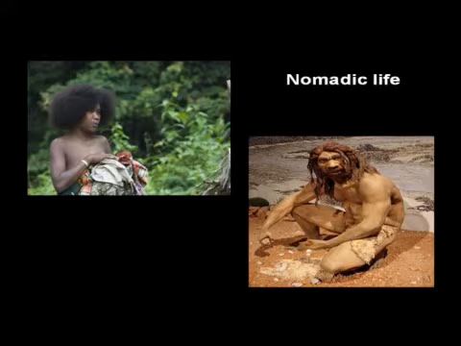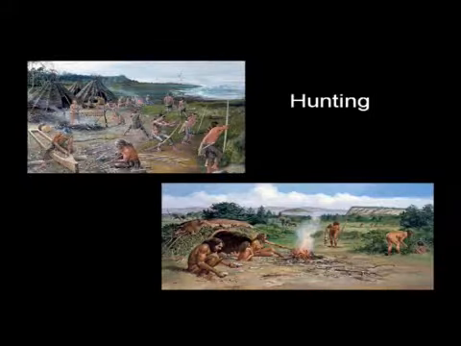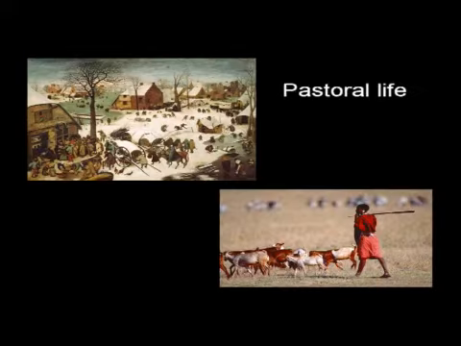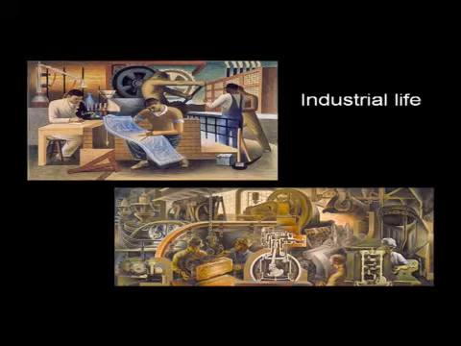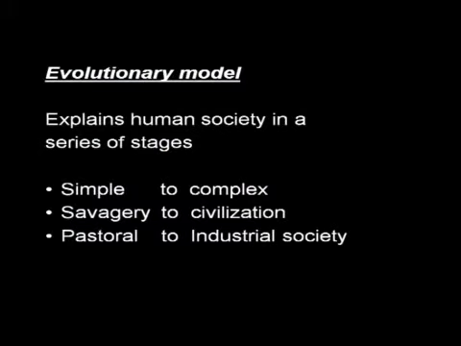It was earlier a nomadic life, passing into hunting, then pastoral life and then industrial society. So, man was progressing from savagery to civilization, from pastoral to industrial society. This is what we mean by the evolutionary model, which includes several stages of human life.